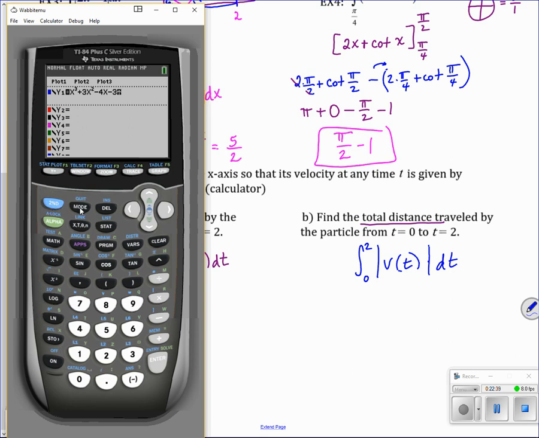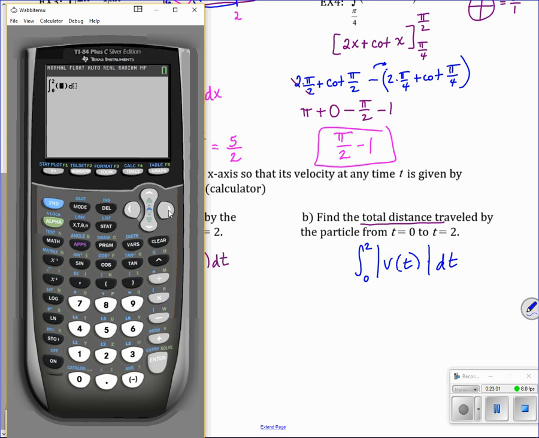On my home screen, remember, Math 8 was your friend, now Math 9 is also. For integrals, Math 9 is your friend. And there it is. People, it looks just like your paper. I'm going to put 0 to 2. Now, obviously, if I hadn't typed the equation into y1, I could type it in right there.